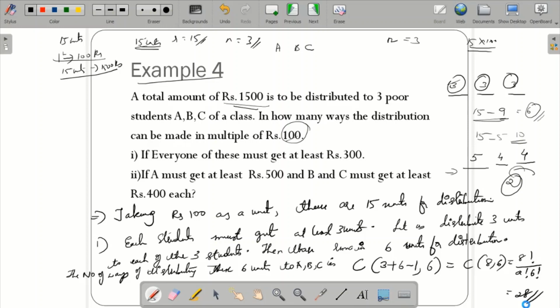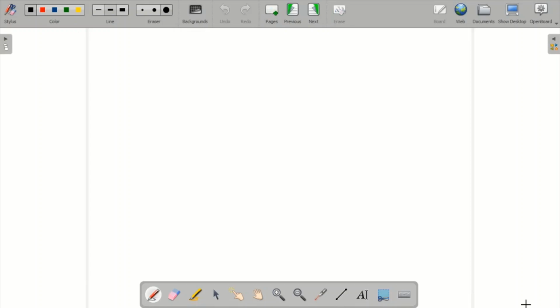What is the second sub question he has told? The second sub question, we'll do it in a new page. A must get at least 500, B must get at least 400, C must get at least 400.